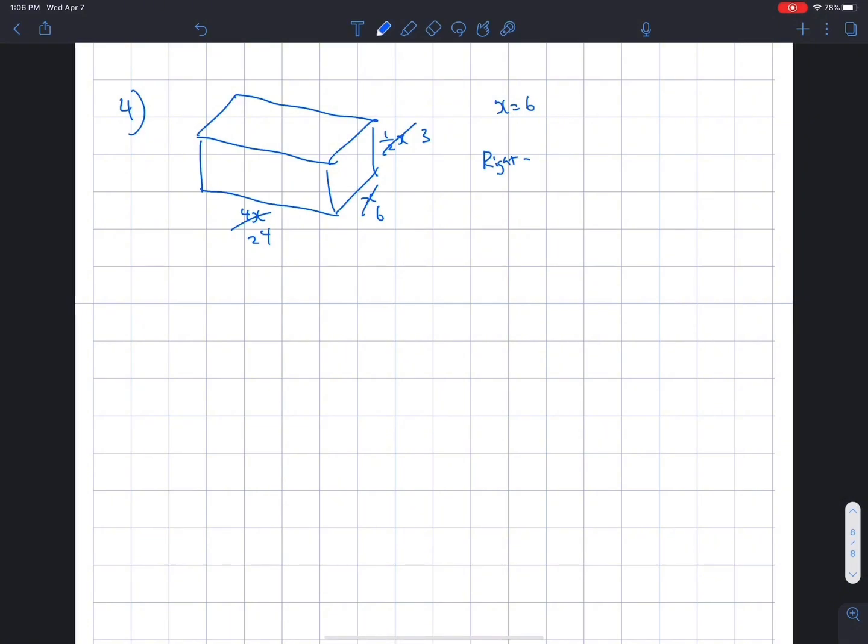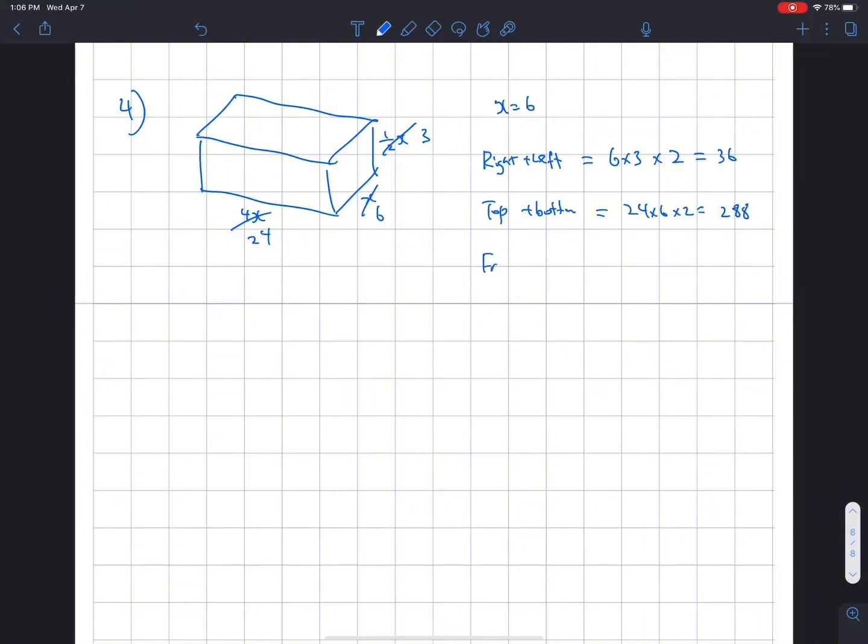So right and left will be 6 times 3 is the right hand side, and then times 2. So we get 36. Top and bottom: the bottom is 24 times 6 times 2. We get 288.